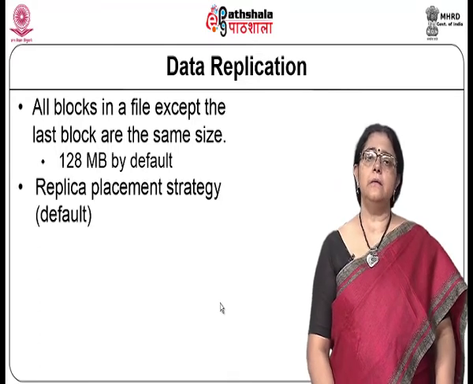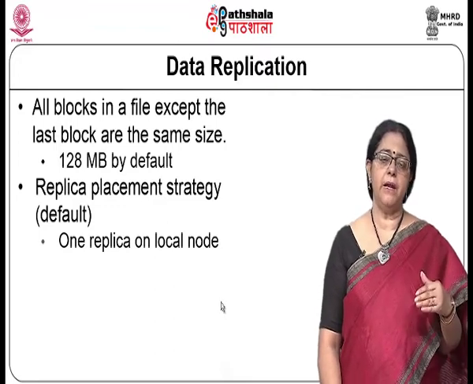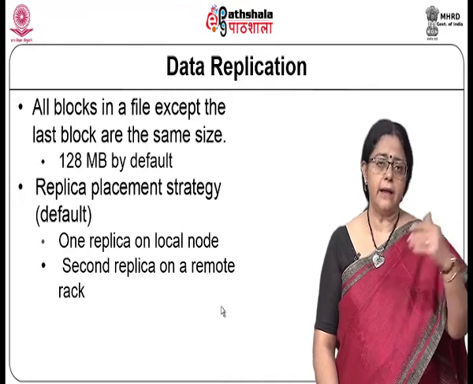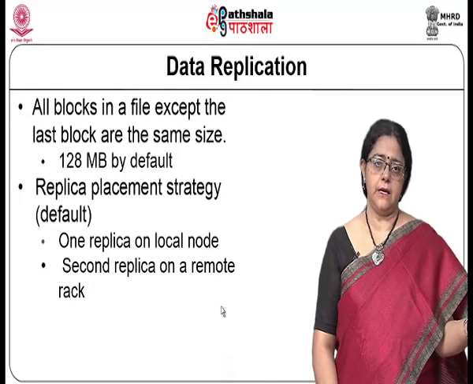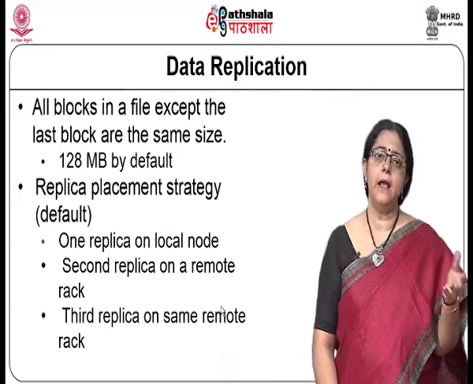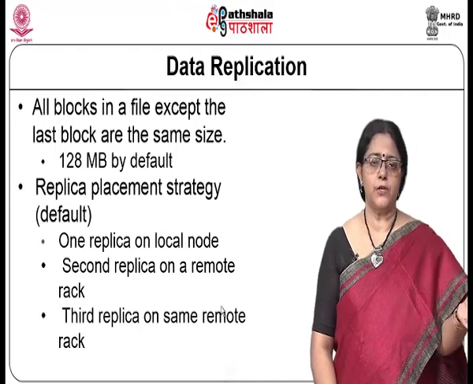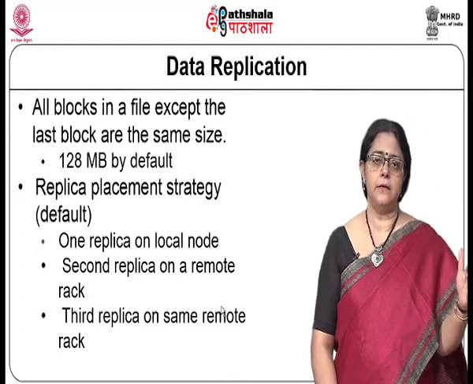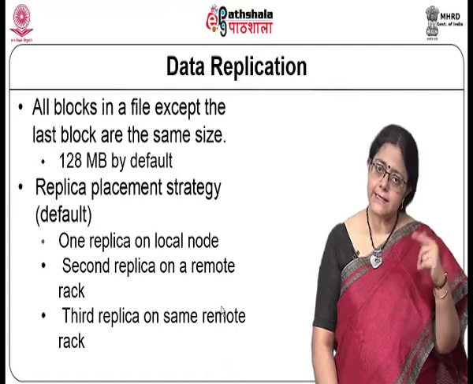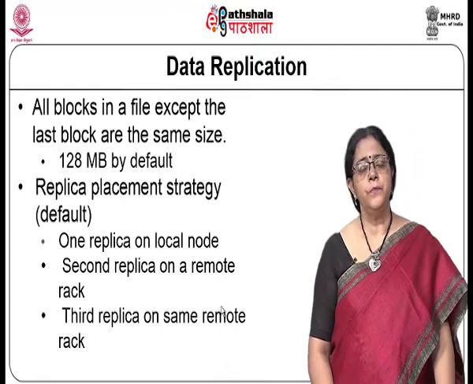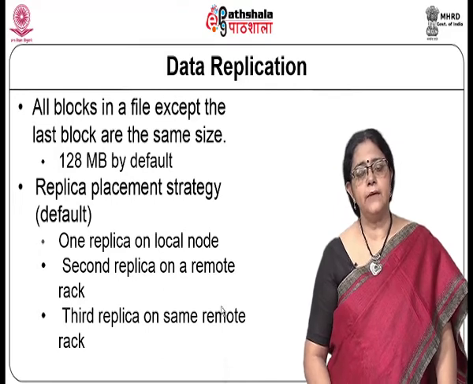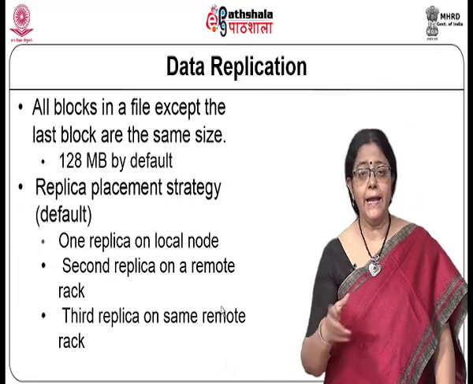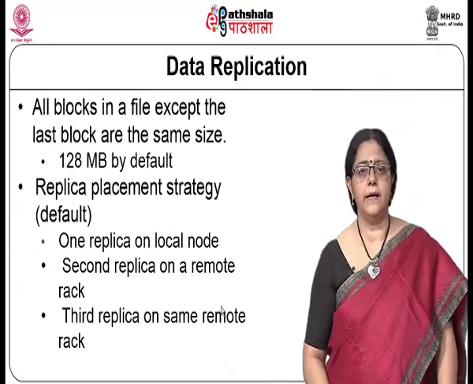The default replica placement strategy is one replica where the data has been submitted, that is the local node, another replica in a rack away from this rack, and a third replica in that same remote rack on a different node. The idea behind this is that if the local data node fails, then the other rack's node will be working. If the rack fails, then also the other rack will be working.